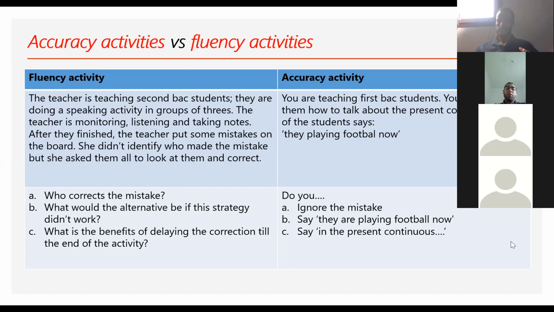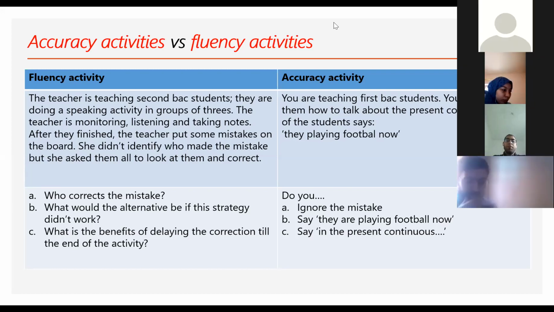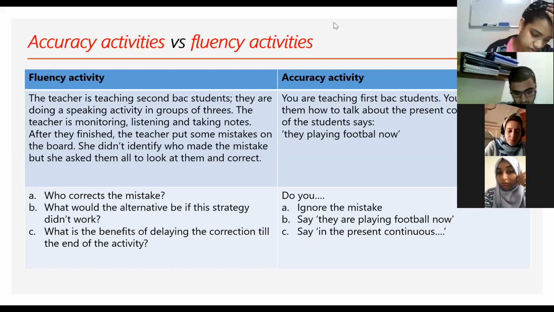No, we shouldn't ignore them. We should identify the mistake here because in this situation it's accuracy. Mustafa? Here, teaching first back students, you should not ignore the mistakes because it's a vital mistake. So we should correct them immediately.